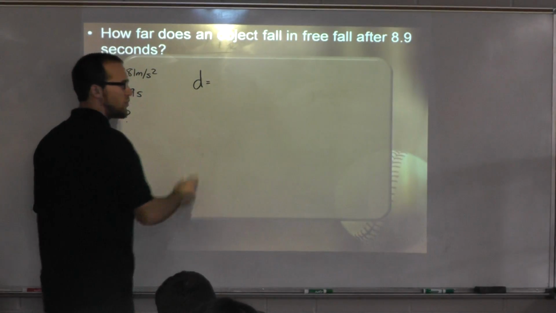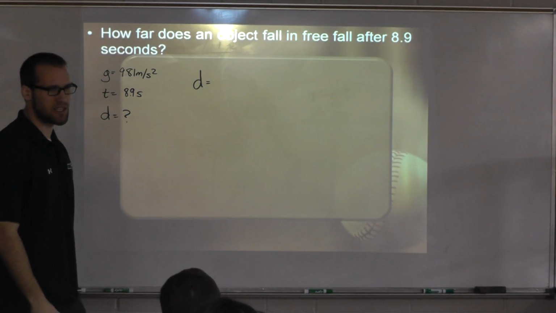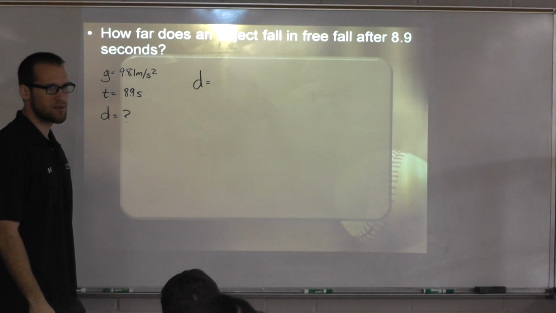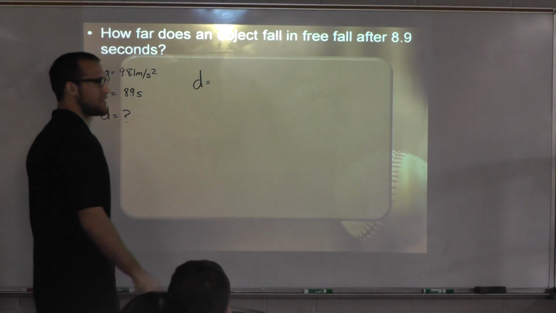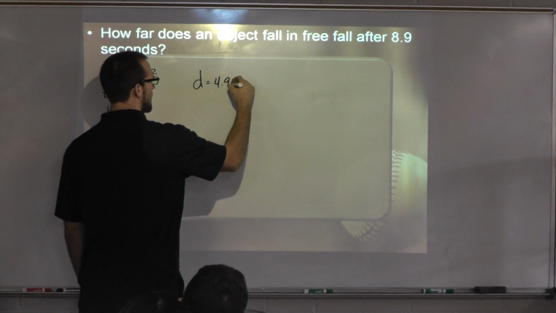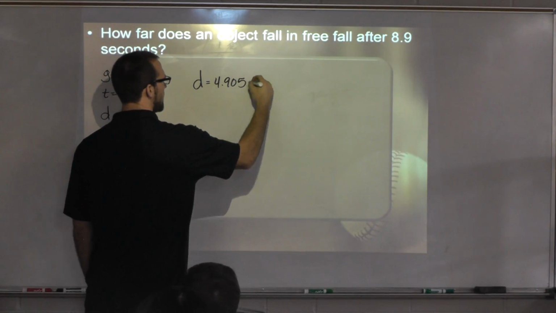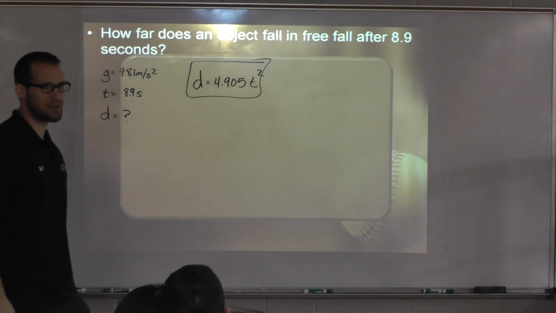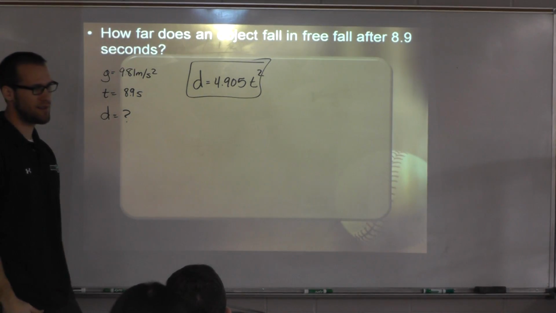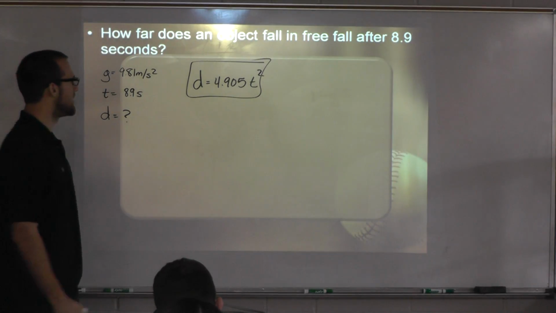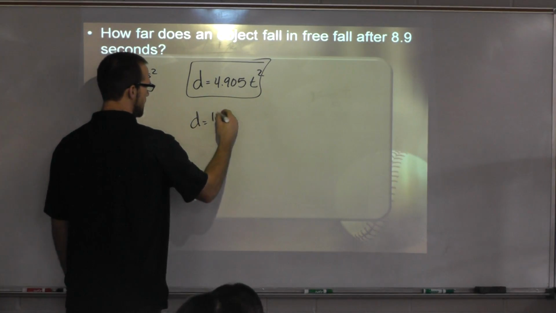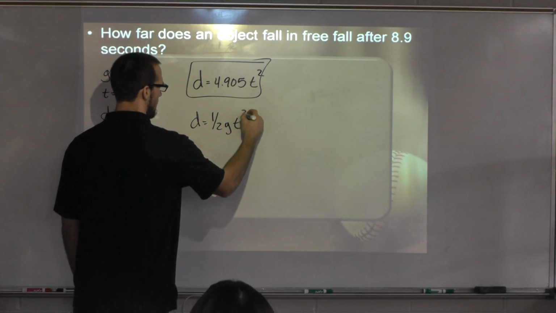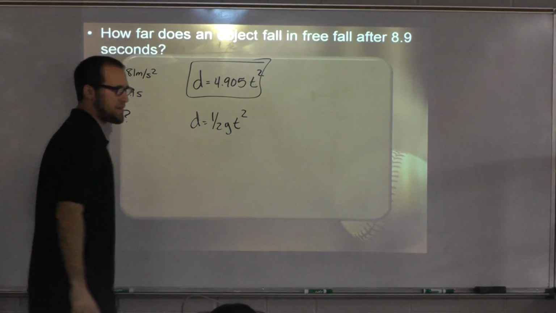So we are going to use d equals one half g t squared. What is half of g? 4.905. So you can actually write this equation instead of the previous equation. It simplifies it for you. Everybody hear what I just said? This equation and this equation are the exact same.